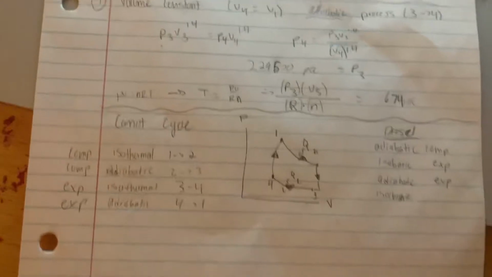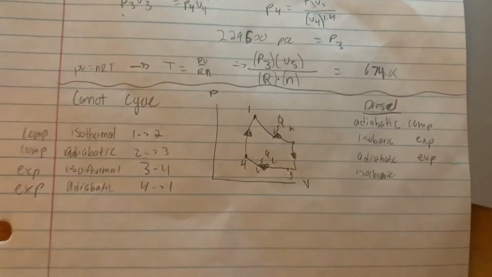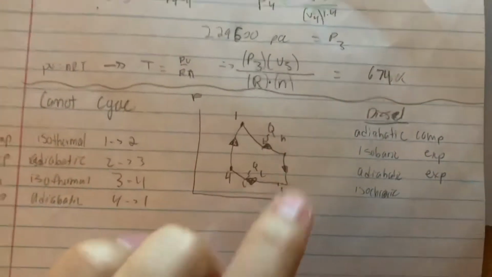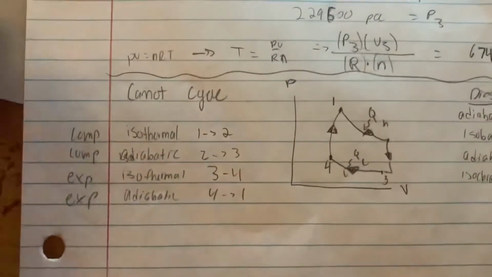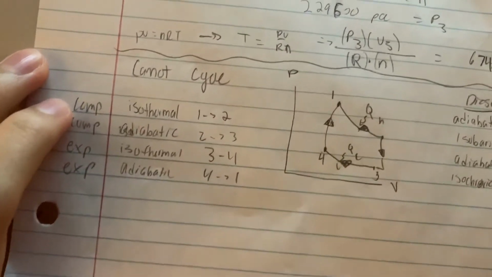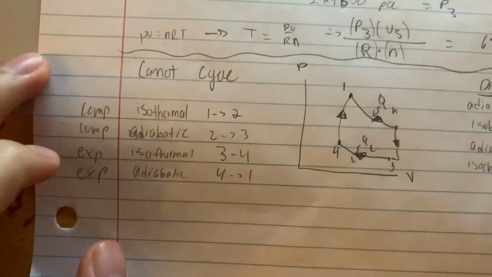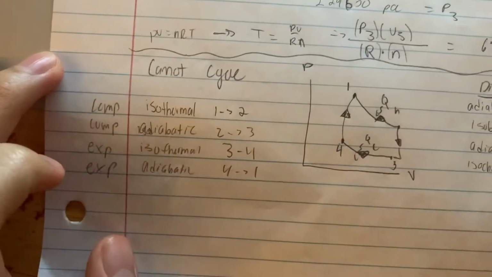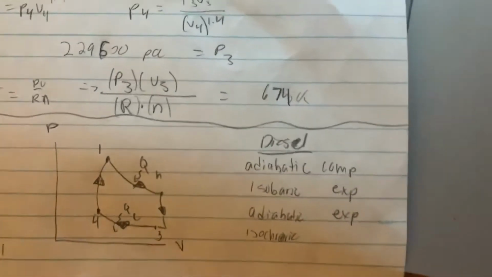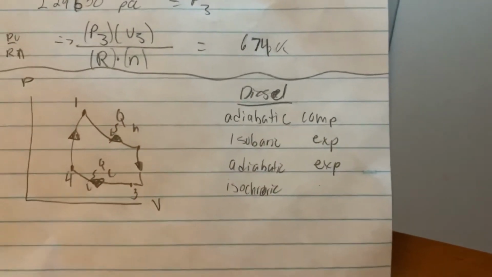And then, how is it different from the Carnot cycle? This is what the Carnot cycle is. Starting from 1 to 2, you're doing an isothermal compression, an adiabatic compression, then an isothermal expansion, and then an adiabatic expansion. That's the order of things. But for the diesel, notice how you have no spark plug or anything.